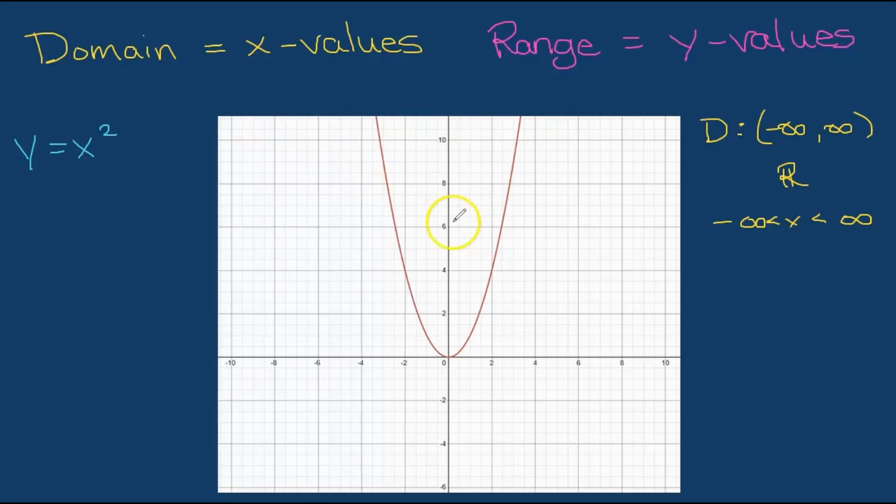Remember, that means we're going to go to the y-axis and find a value and see whether or not we are able to touch the function from the y-axis. In this case, we are able to touch the function in either direction. And you can see that no matter how high up you go, you're going to be able to draw an arrow from the value to the function.